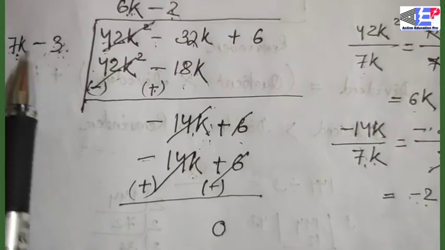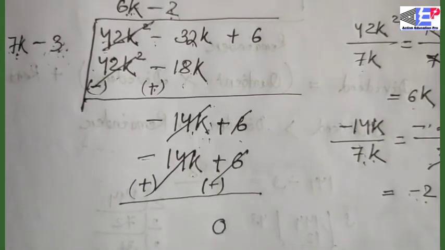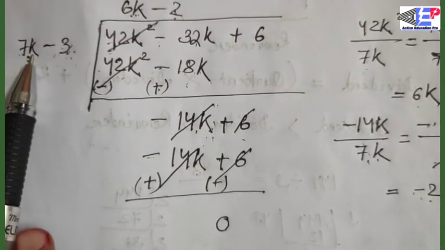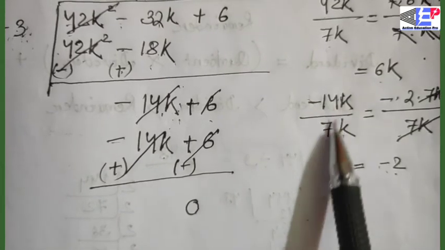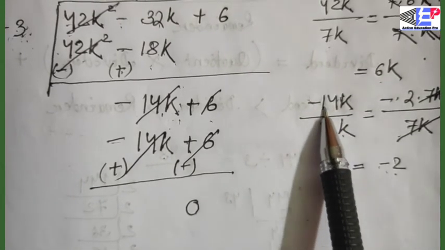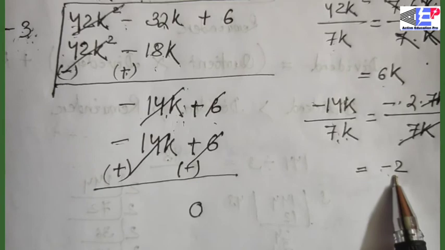Here the degree is 1 and here the degree is 1, so we divide it. Okay, first follow the rule. 7k is the first term and here the first term is minus 14k. Divide dividend by divisor: minus 14k by 7k, your answer will be minus 2.